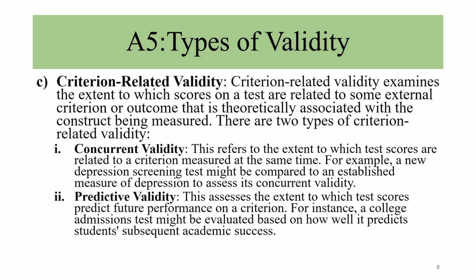So all admission tests are supposed to have predictive validity. They predict the future performance of students. All types of admission criteria are used to predict the future performance of the students.